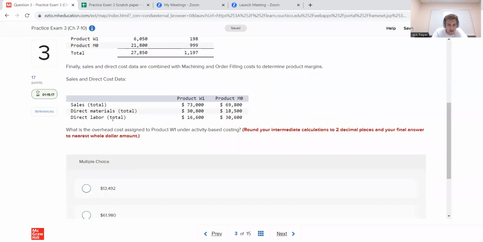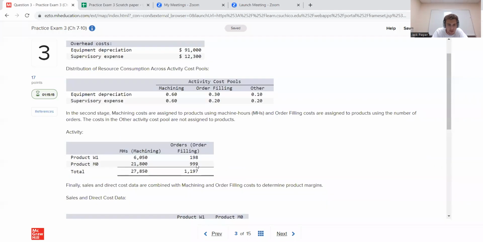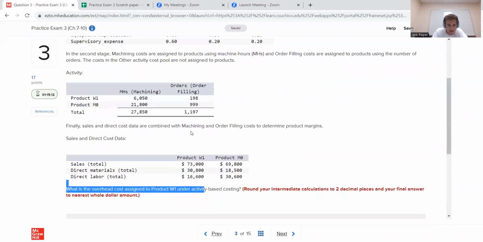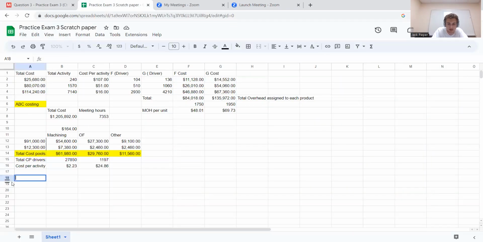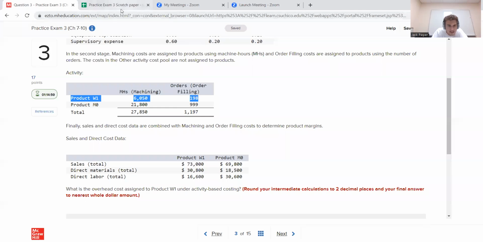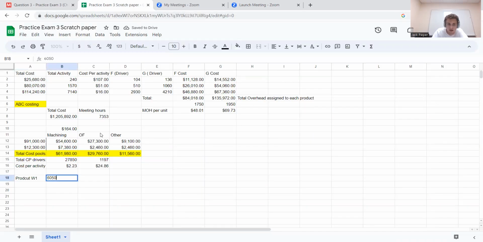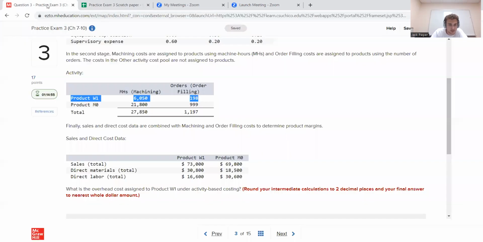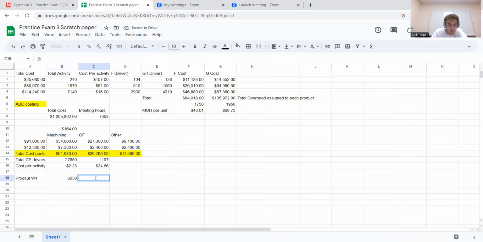It's looking for the overhead cost assigned to product W1, so let's go to W1. Product W1 had 6,050 machine hours and 198 orders.